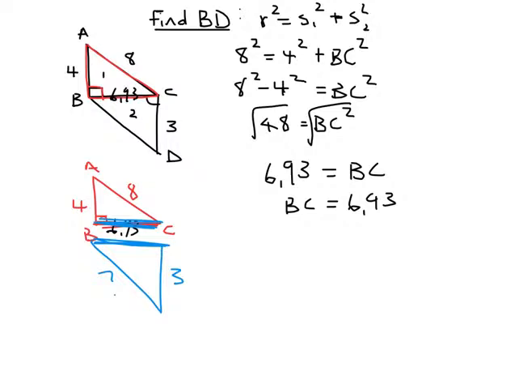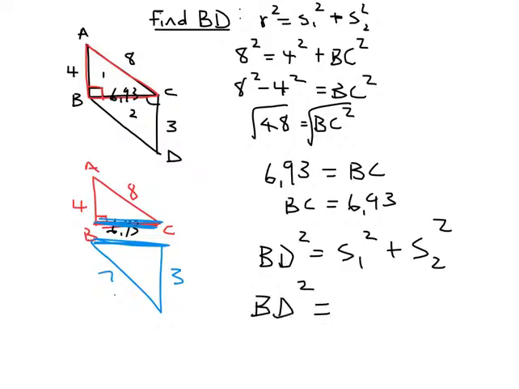In that triangle, I will still use the same formula, where it is now BD that I am looking for, which should be equal to side 1 squared plus side 2 squared. So BD squared is equal to side 1, you can still take it as 6.93, which you square.